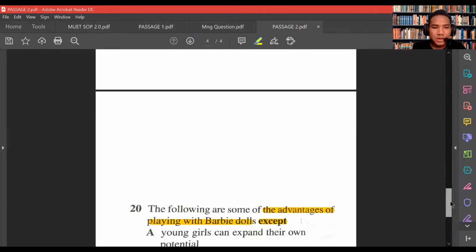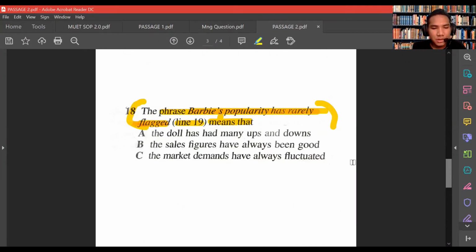Based on the answers provided, you can see that A, the doll has had many ups and downs. B, the sales figures have always been good, and C, the market demands have always fluctuated.